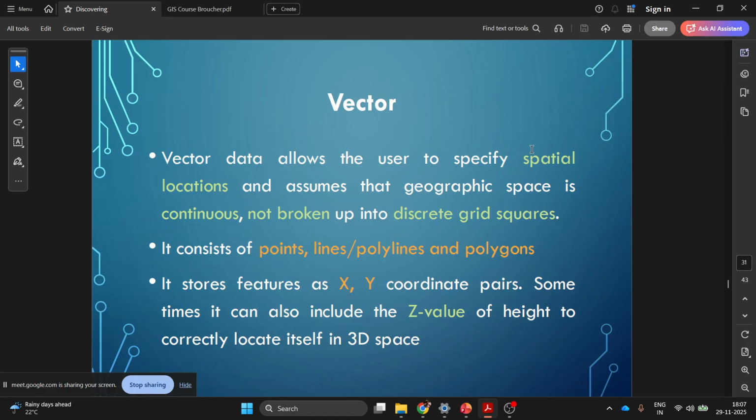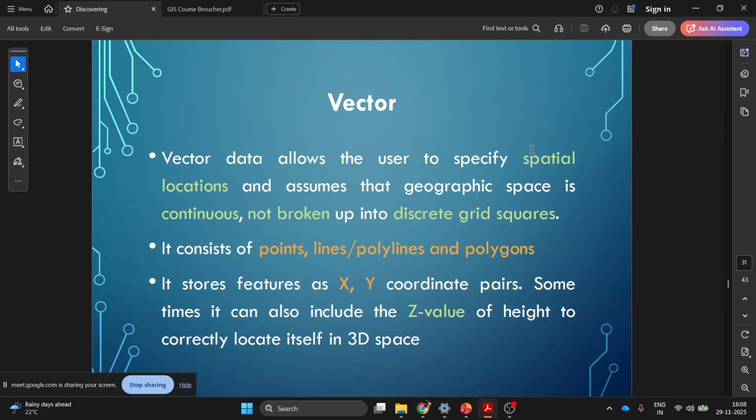So vector data allows the user to specify spatial locations and assumes that geographical space is continuous. But in the case of raster, the geographical space is not continuous, and is broken into discrete grid squares. Pixels are divided into grids. But in the case of vector data, it is not like that. Vector data can be classified into points, lines or polylines, and polygons, like how we use them in geometry.